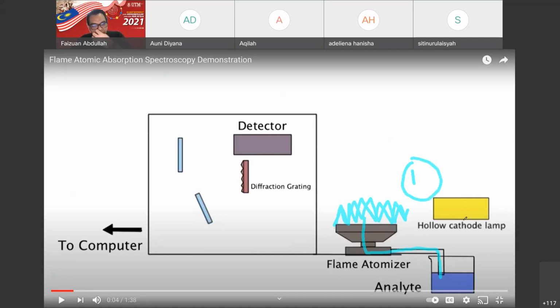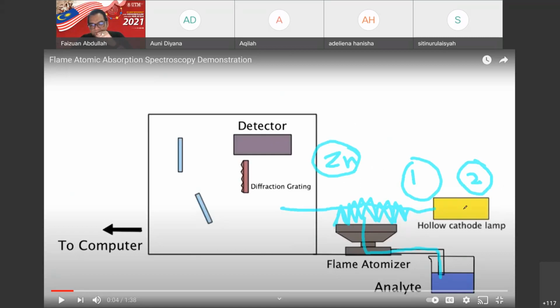The second one is the source of light, to give light with the same wavelength as the analyte. For example, today we want to detect zinc, so the hollow cathode lamp, remember the name hollow cathode lamp, will produce a light with the same wavelength as zinc.